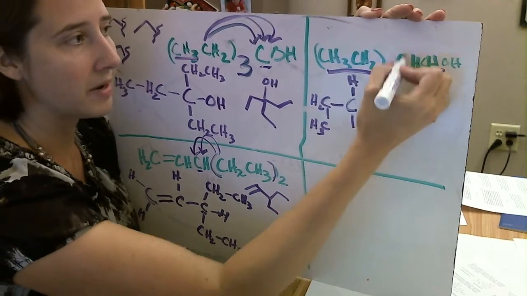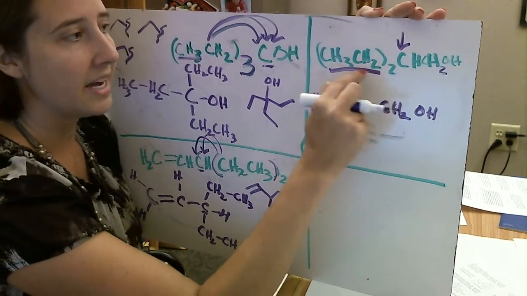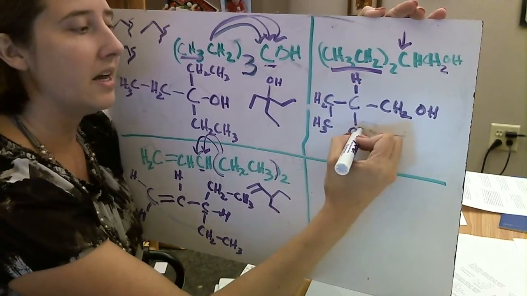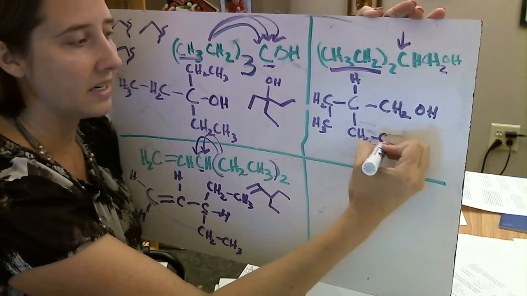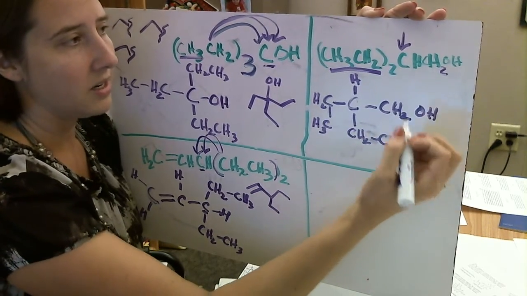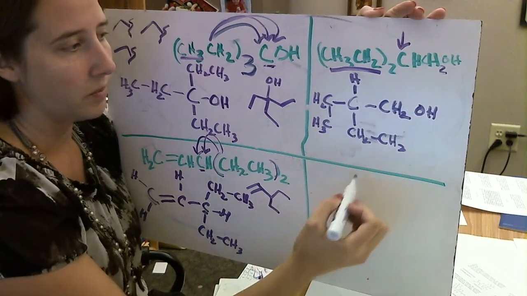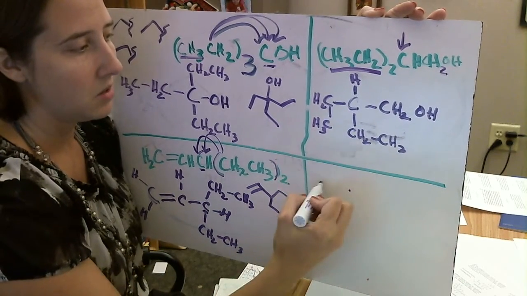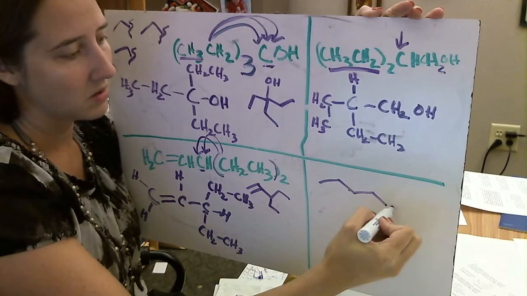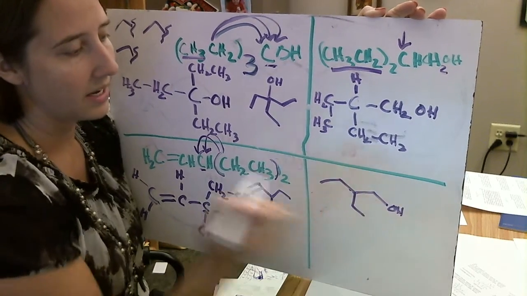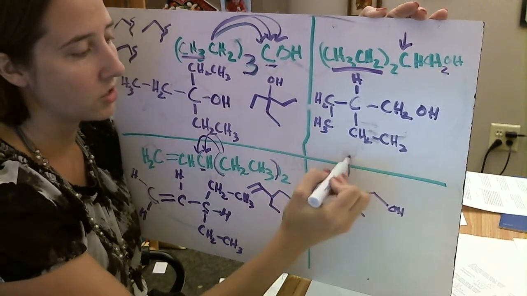And this carbon here also has another, because of the 2 there, another CH2 connected to a CH3. And so my line structure there would look like that for that structure.